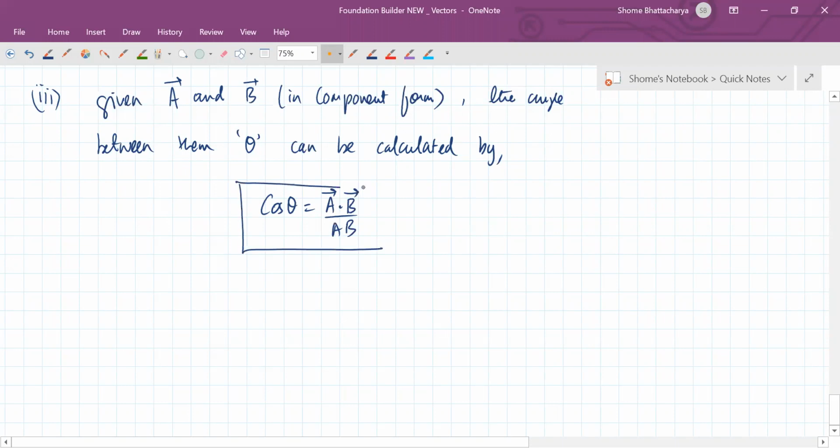We'll just use this formula. This is coming from the fact that a dot b is defined as magnitude of a into magnitude of b into cos theta. So just reverse this equation.